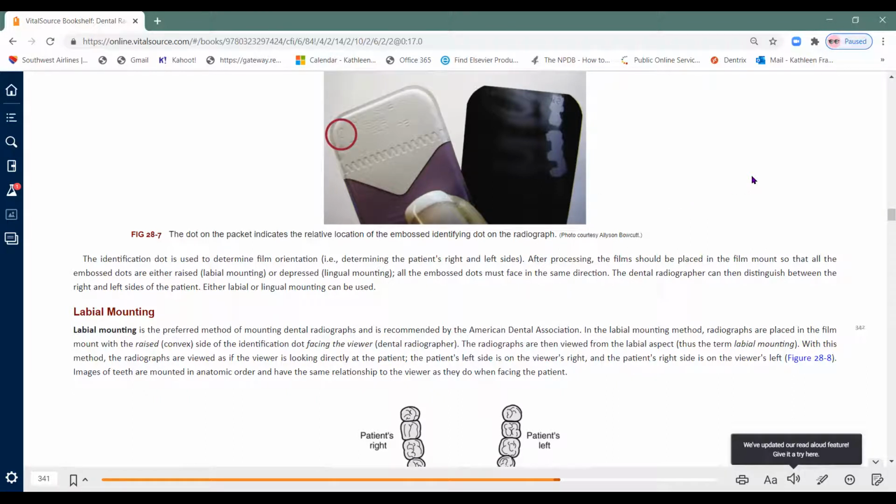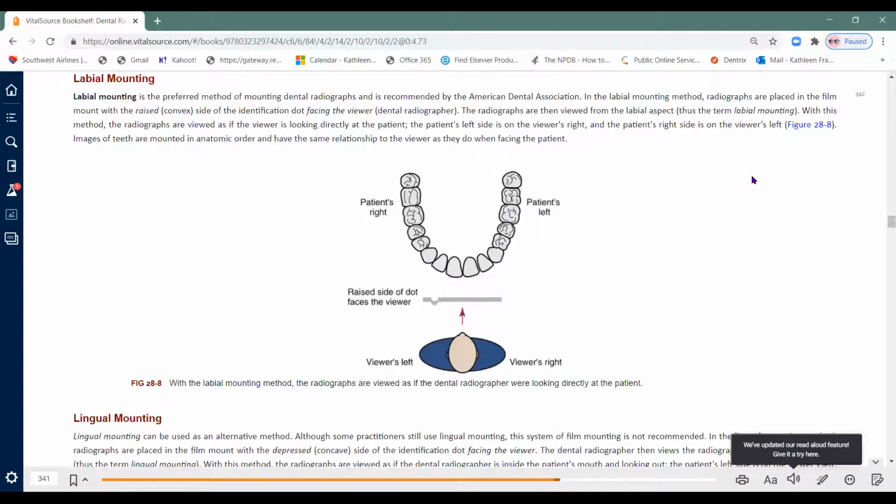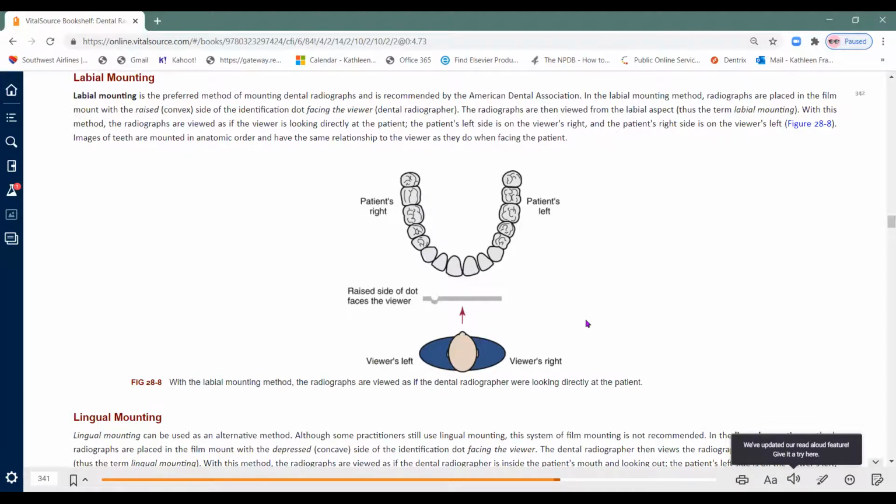And it would be like I was standing behind the patient facing out. It's a complete opposite of how we chart a patient's teeth. So if the dot is facing us, it's just like we chart with us facing the patient, where this is the patient's right side and this is the patient's left side. That is labial mounting, and that's recommended by the ADA.